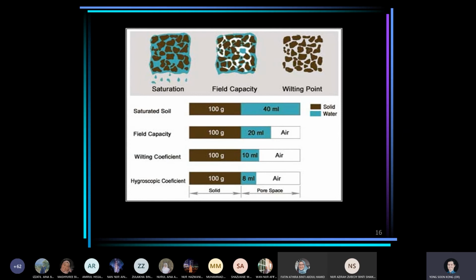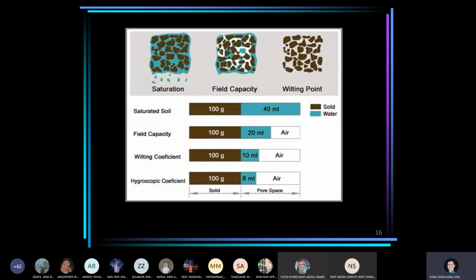Before you go and do soil sampling, there should be no rainfall a day or 2 days before your sampling trip. If on the day you want to go for a field trip to collect soil samples it starts to rain, most likely your soil will be in a saturation state. Too much water, it does not represent the true water holding capacity.